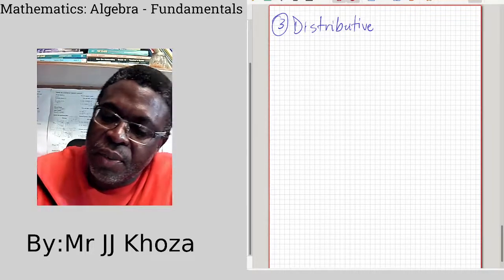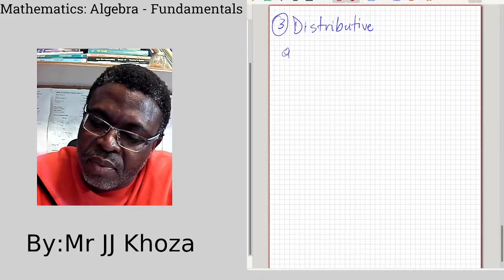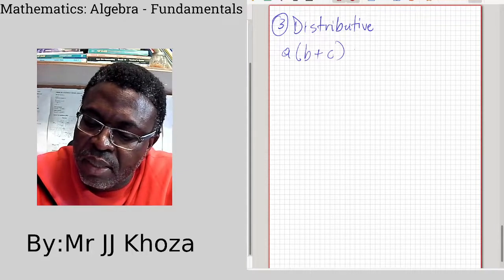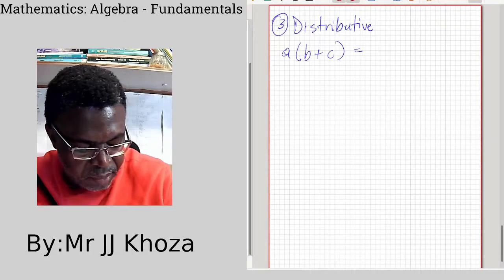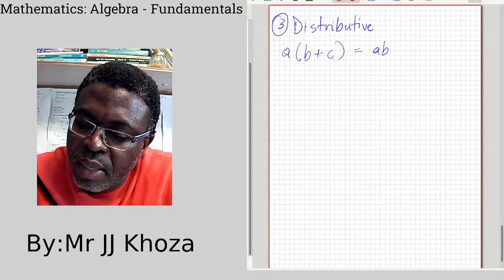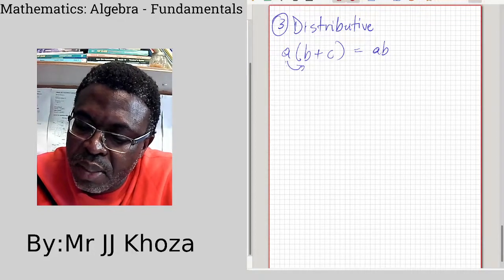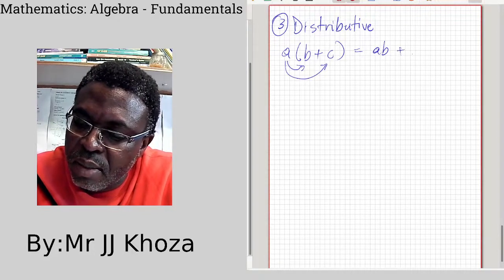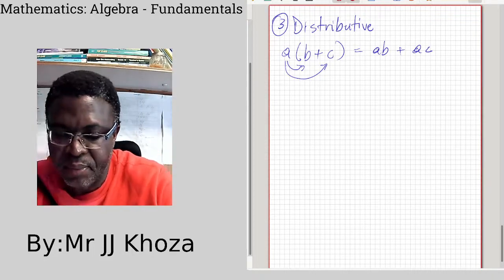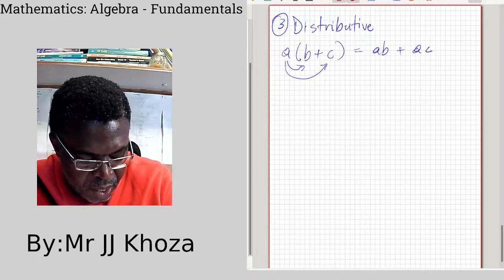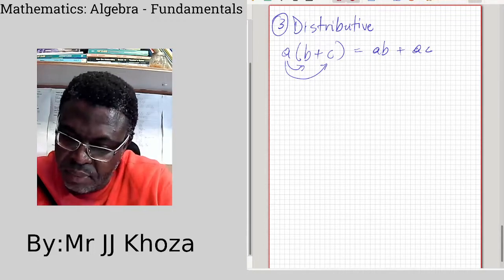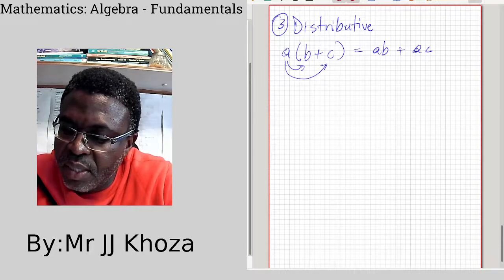So you may have A into B plus C. When you do distribution, you are going to get A times B and A times C. This is how it works. It also teaches us that you will still get the same answer in the end. So this is how your distribution works.